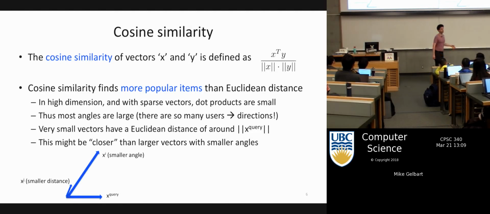You could get something much farther by being big and going off in the other direction. Whereas the second one that I'm calling xi here has a smaller angle, and so cosine similarity would prefer the more popular item. Euclidean distance would prefer the less popular item. So on the assignment, you'll play around with some data and see what happens empirically.